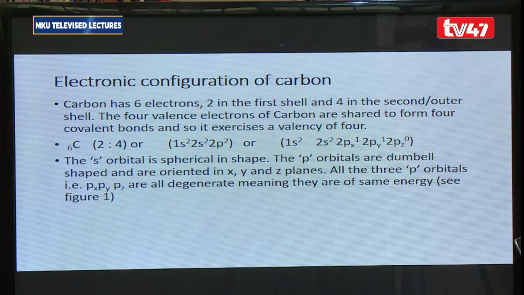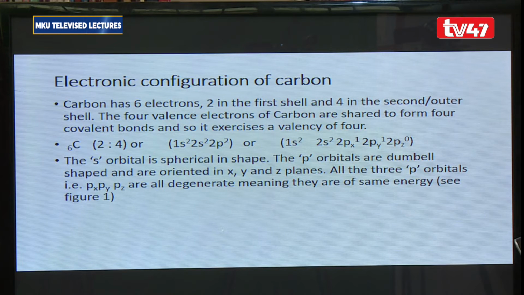When it comes to principal quantum shell number 2, the s orbital will have a pair of electrons, but the p orbital, which is able to hold 3 pairs of electrons, px, py, and pz, will have 2 electrons, which should go to 2 of the orbitals, meaning that 1 of the orbitals will have no electrons.